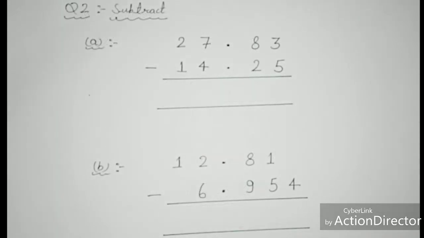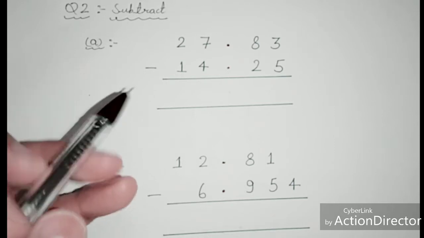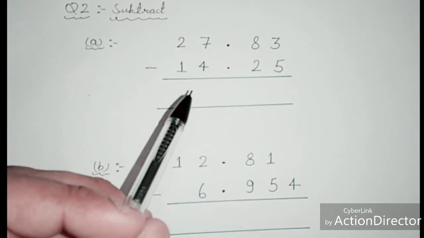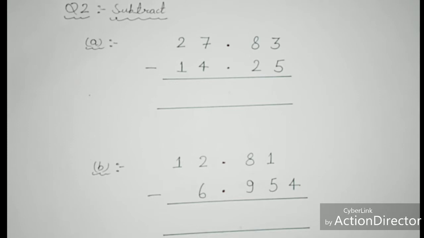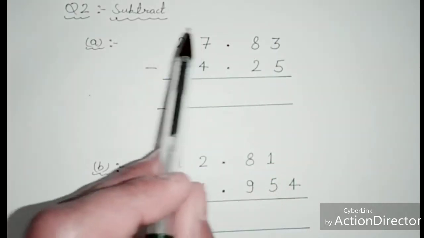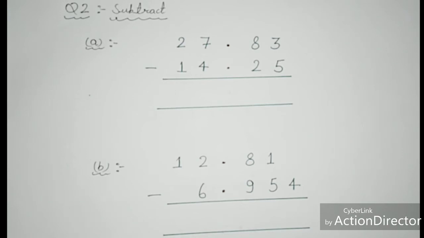Now students, here we solve examples related to subtraction of decimal numbers. Example number A, 27.83 minus 14.25. So this is a decimal part and this is a whole part. Now we start subtraction from decimal part.